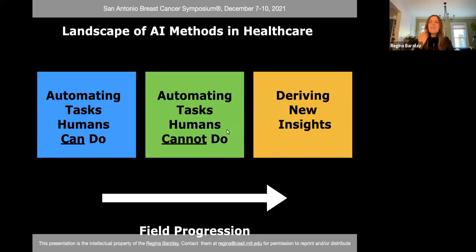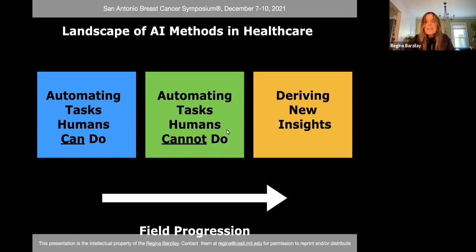Now, if I am looking at the landscape of AI methods in healthcare, I would divide them into three categories. The first one, the blue one, is automating tasks that humans can do. This is the case where today we have personnel that can do it, but if you bring a machine in, it's going to be cheaper, it can be more consistent, it can be faster.